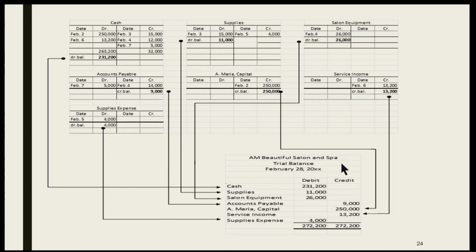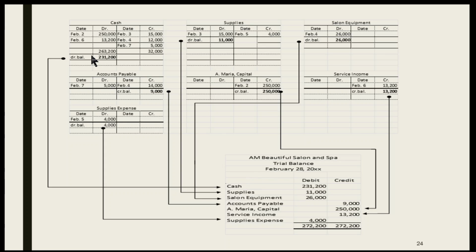This is the unadjusted trial balance. You have to write the accounts following the liquidity of the accounts. You start with assets, and then the liabilities will follow, and then the equity, and then the income statement accounts. This is a simplified version. It's not actually the real setting if we talk about the account titles. These are just very few.